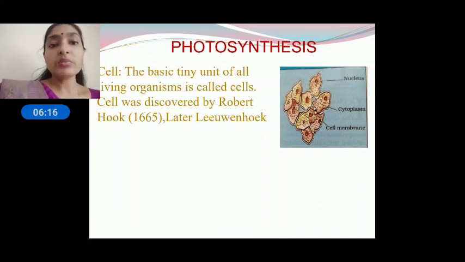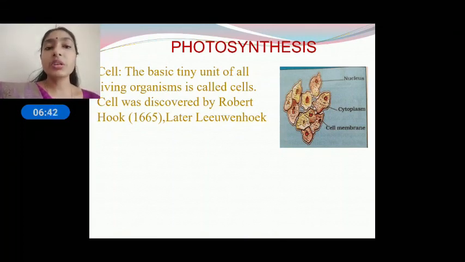Inside the cytoplasm there are many cell organelles. In the plant cell, many organelles are present like chlorophyll and chloroplast, and in the animal cell, mitochondria, ribosome, lysosome. You will learn that afterwards. So this is the basic cell. Why am I telling you about the cell? Because we are going to discuss the chloroplast afterwards.